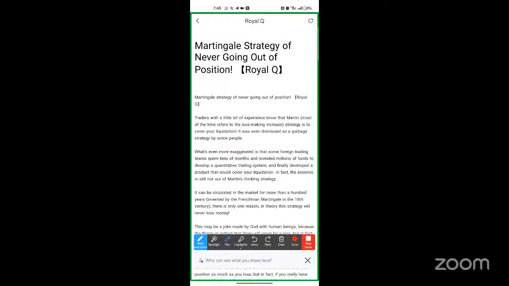Some foreign trading teams spent tens of months and invested millions of funds into developing a quantitative trading system and finally developed a product that would cover your liquidation. In fact, the sense is still not out of Martin thinking strategy.